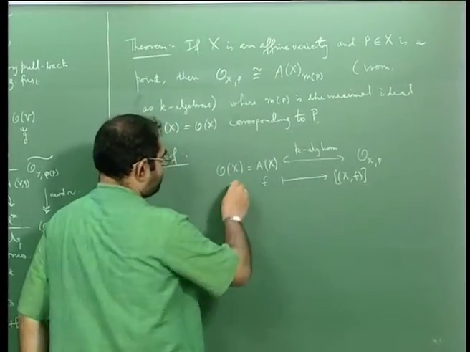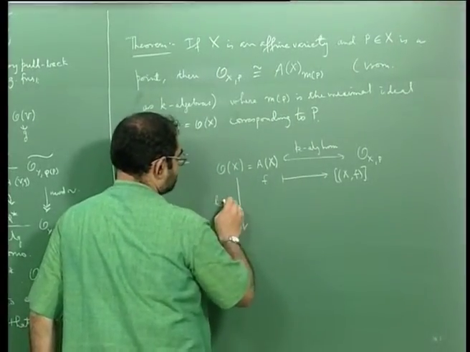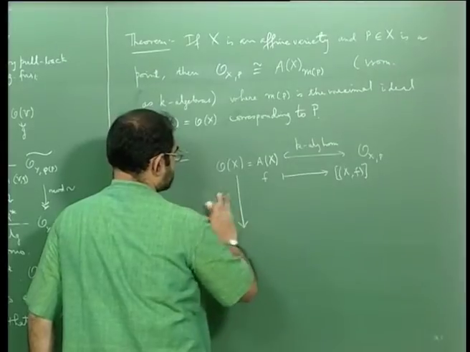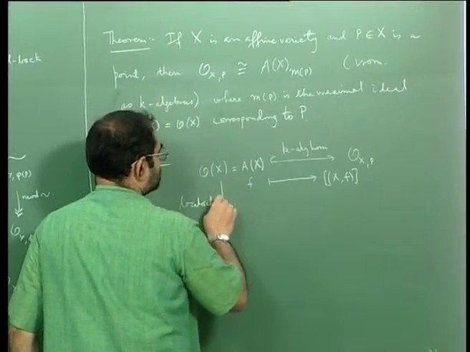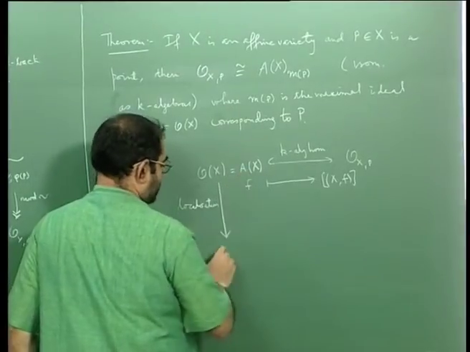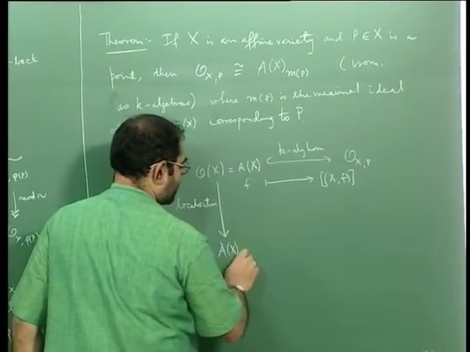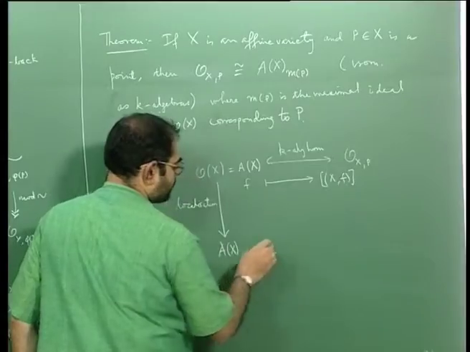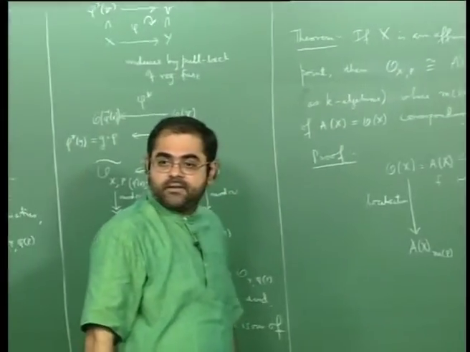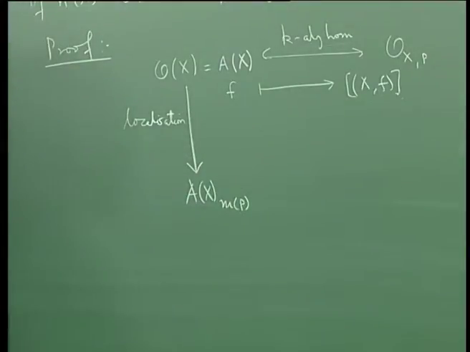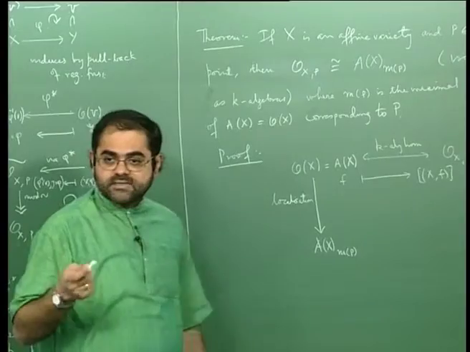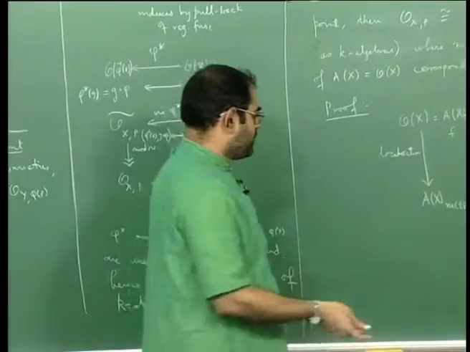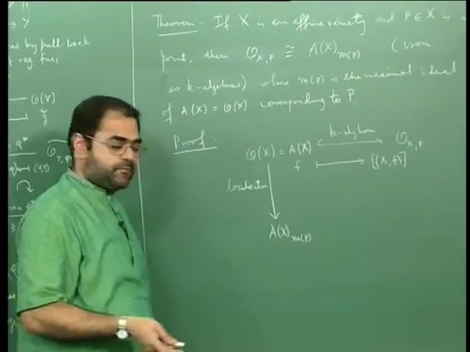Then you also have the localization map, the localization of this ring Ax at the maximal ideal corresponding to the point P. Of course, MP is all those functions in Ax which vanish at P. It is a maximal ideal.